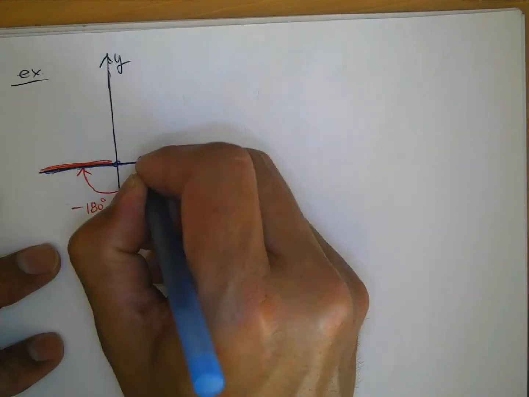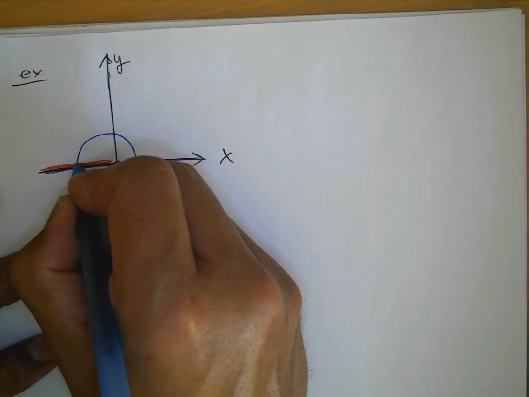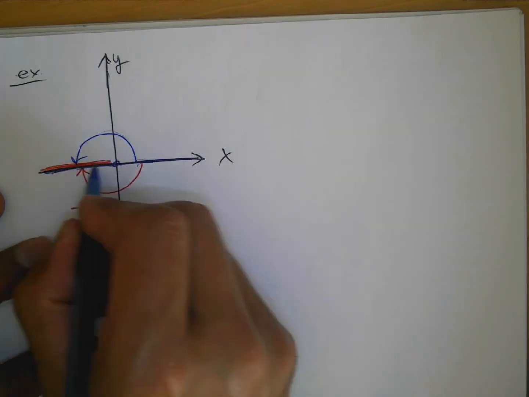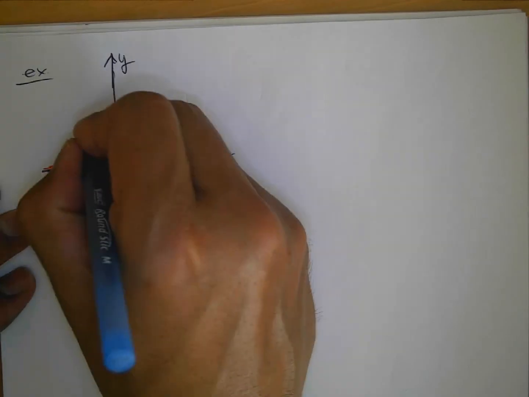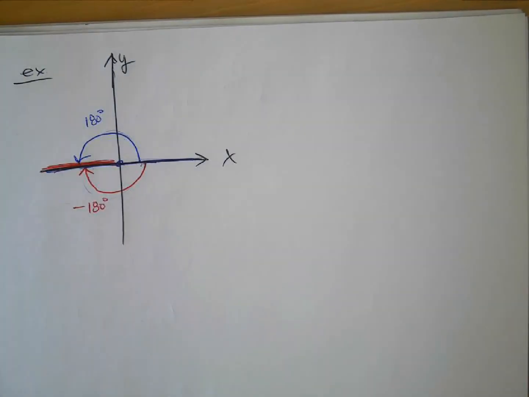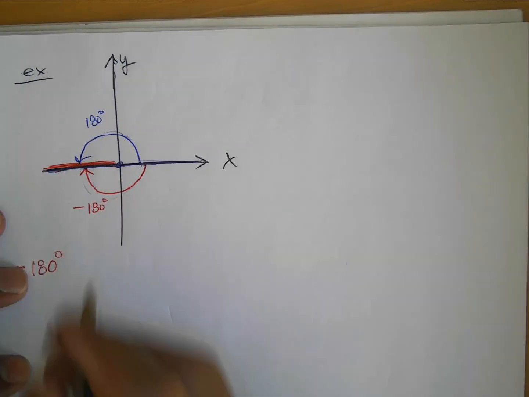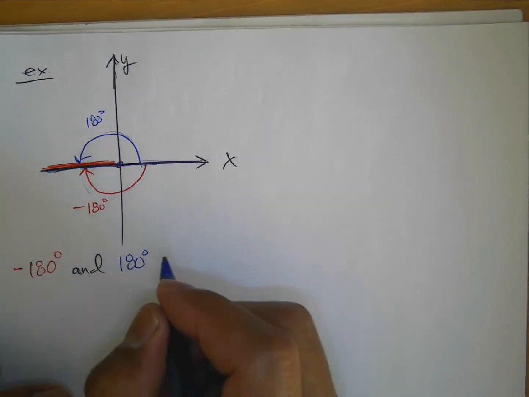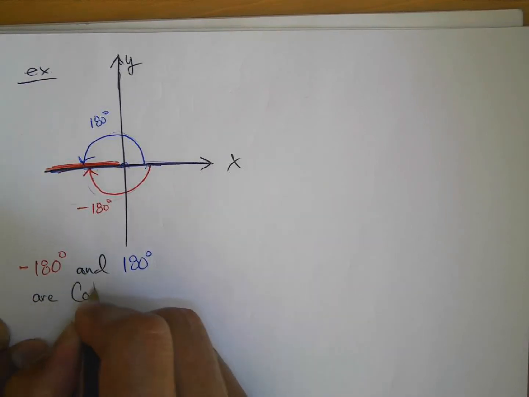But anyways, let me finish this problem. What would I have to do to get here? If I'm drawing a positive angle, I have to go the same thing, but positive, right? Wouldn't I have to go positive 180? Positive 180 stops here. Negative 180 also rests here, right? So we can say that 180 degrees, negative 180 degrees, and positive 180 degrees are coterminal angles.